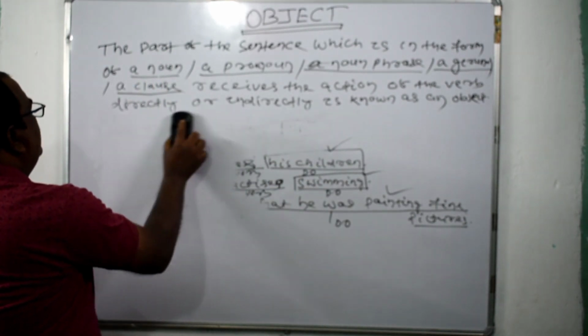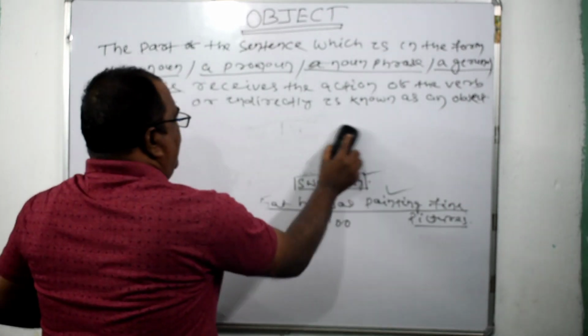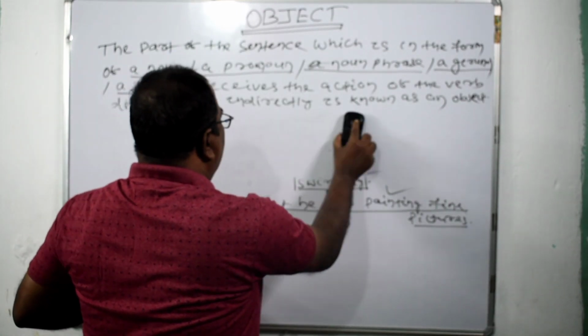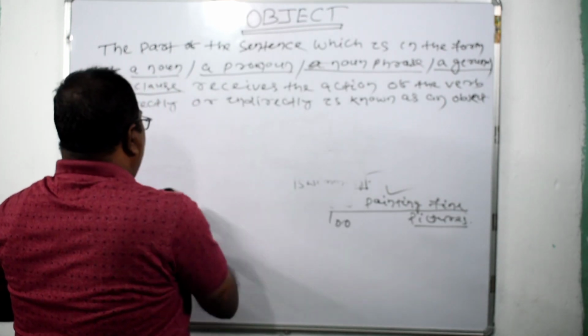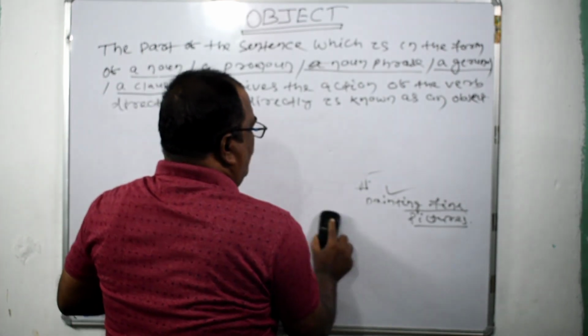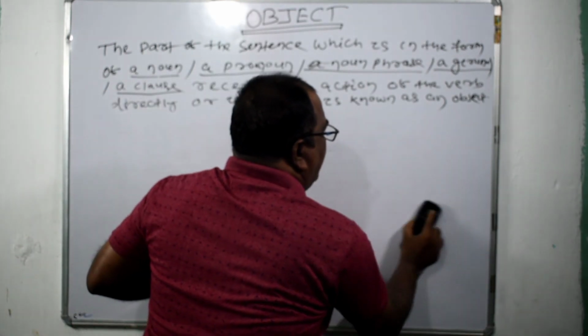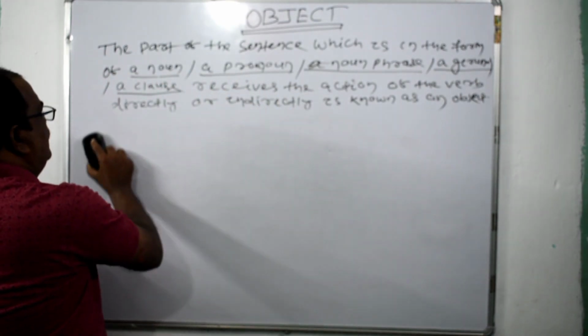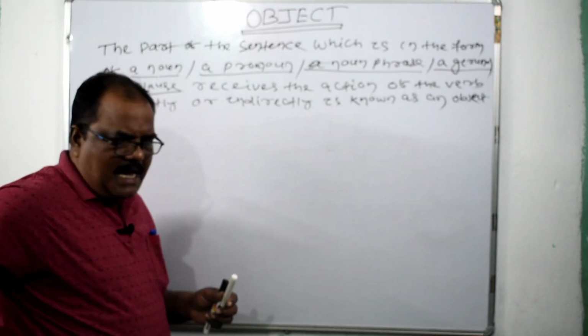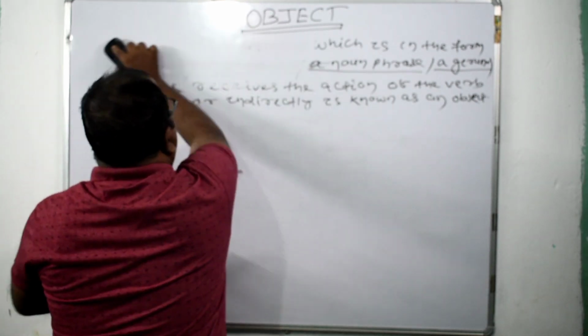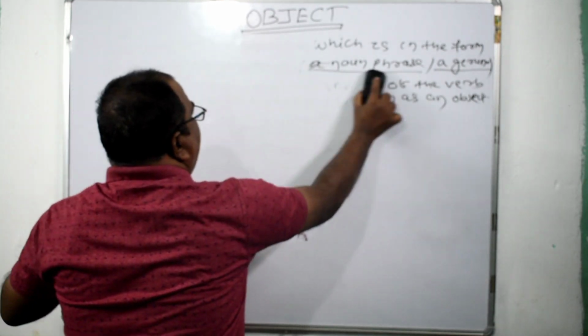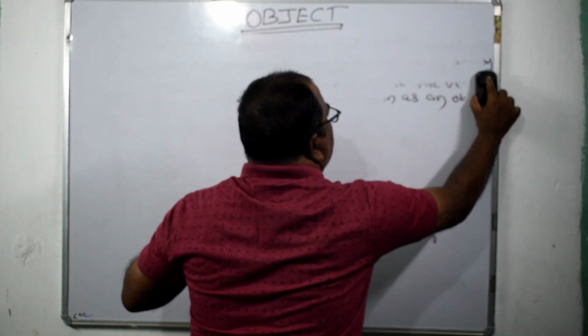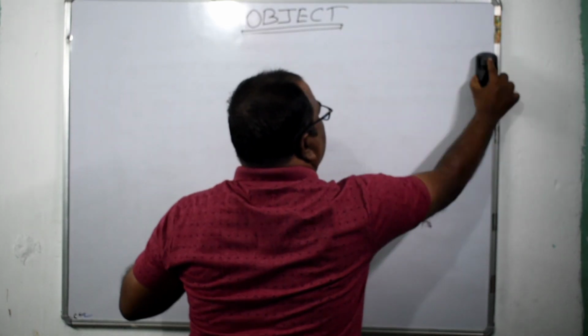According to English grammar, it is very easy for students to know that there are two types of objects. They are direct object and indirect object.